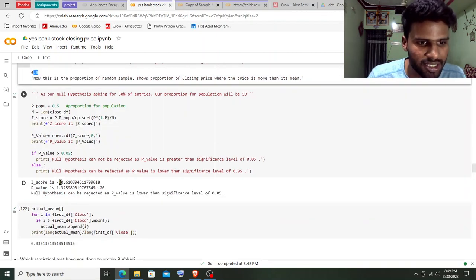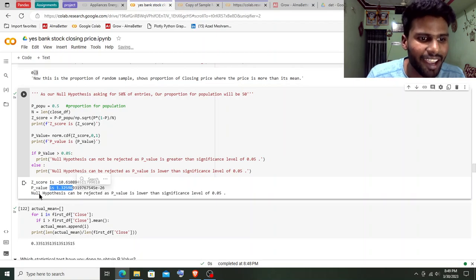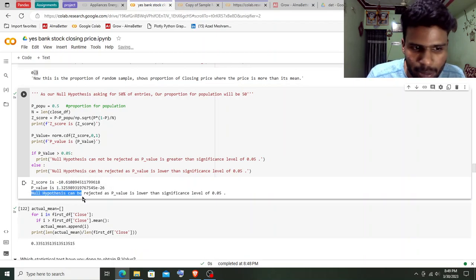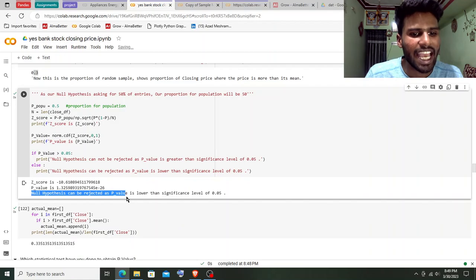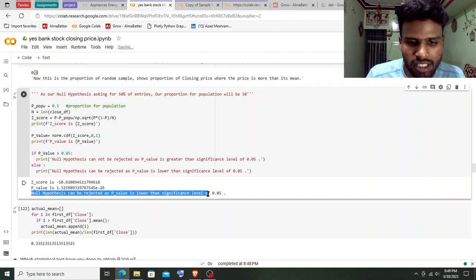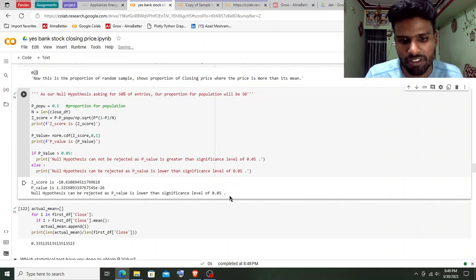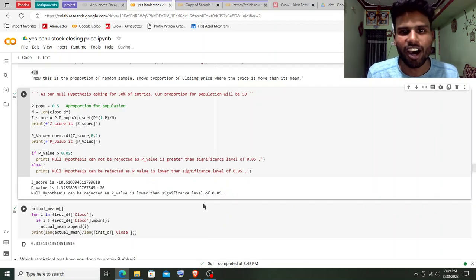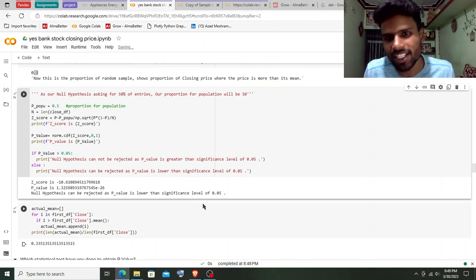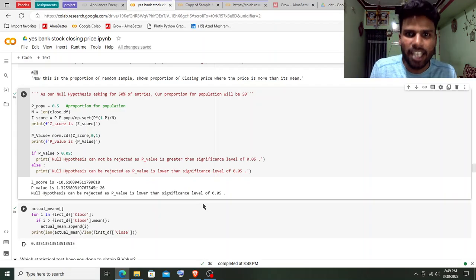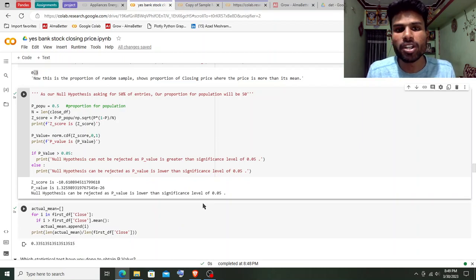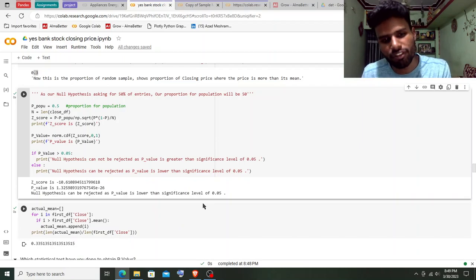The Z score is something like this, the p-value is something like this, and the statement says the null hypothesis can be rejected as the p-value is lower than the significance level of 0.05. Now here we come to the conclusion that the null hypothesis cannot be accepted. Why? Because the data points where the closing price is above its mean are not more than 50%.